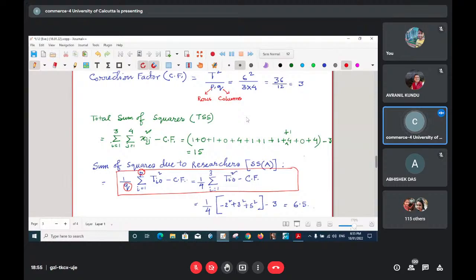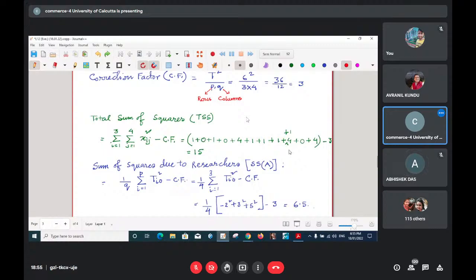So you will see 1 divided by 4. I am taking only row totals. Row total is minus 2 square plus 3 square plus 5 square. I am taking plus because this is summation. Minus 3. I am getting 6.5. Am I clear?